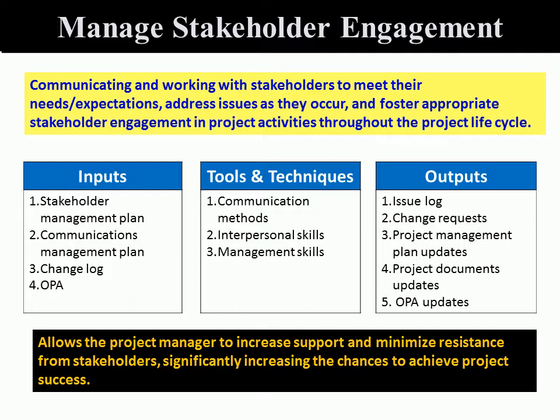So the plan here means you are executing what was planned when we say manage stakeholder engagement, right? That's why your primary input is the stakeholder management plan. Tools and techniques: a lot of interpersonal skills are required in order to do so, some management skills, etc.